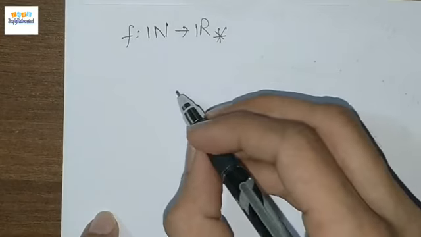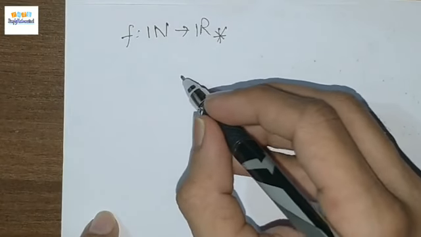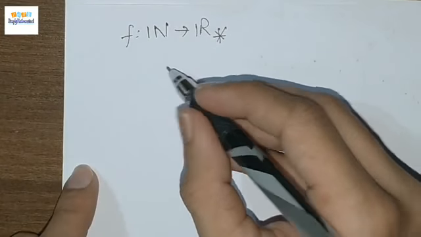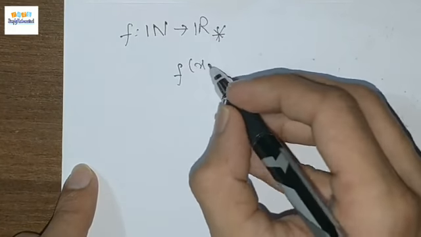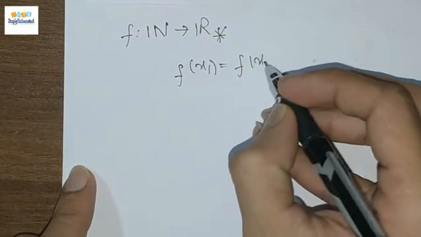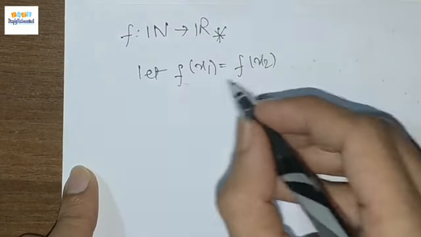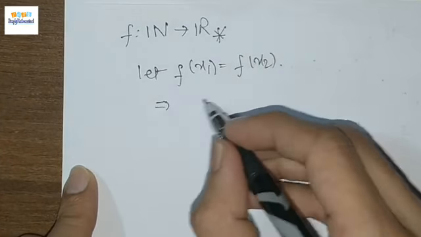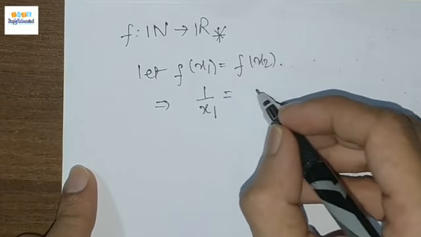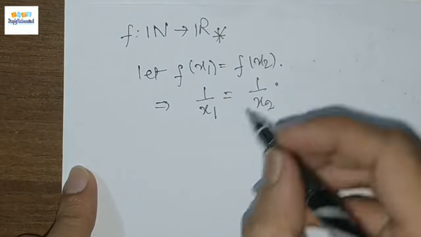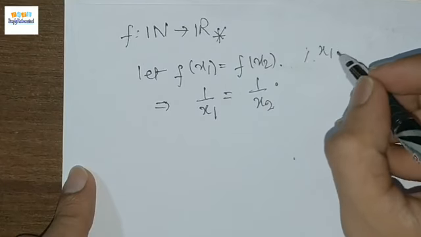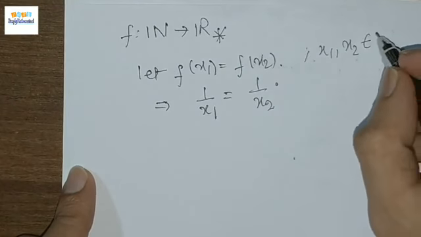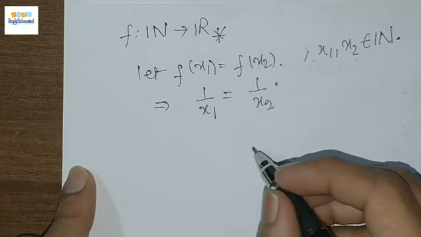Let us see. We have to first see whether f is 1-1 or not. So let f(x1) be equal to f(x2). That means 1 by x1 is equal to 1 by x2. x1 and x2 are from the domain, which is nothing but the set of natural numbers.